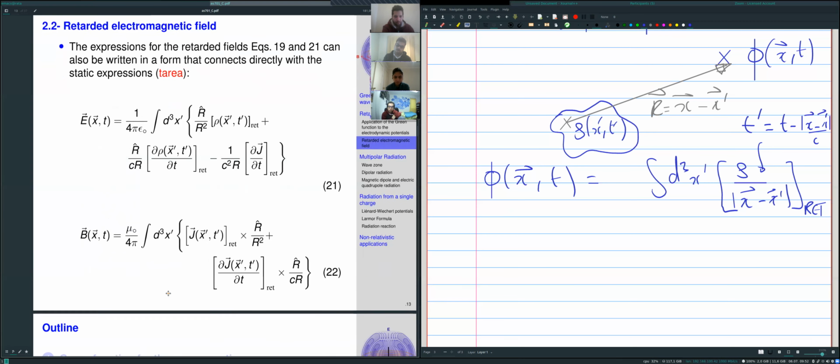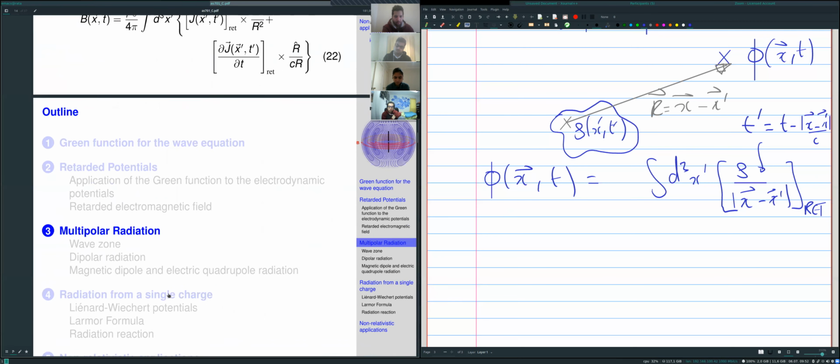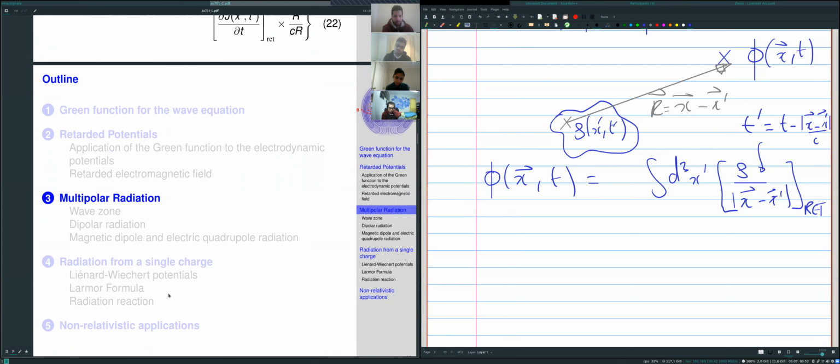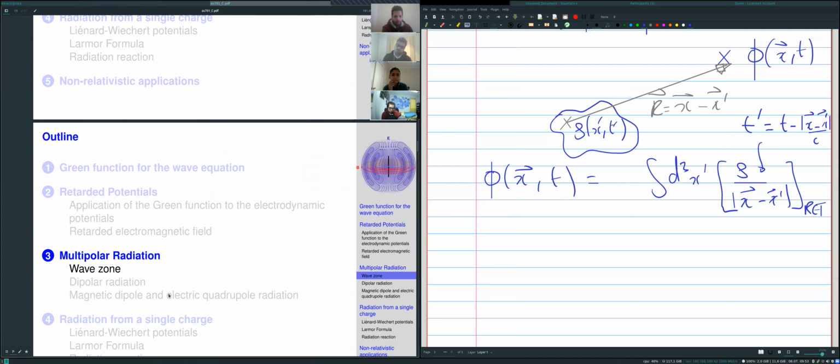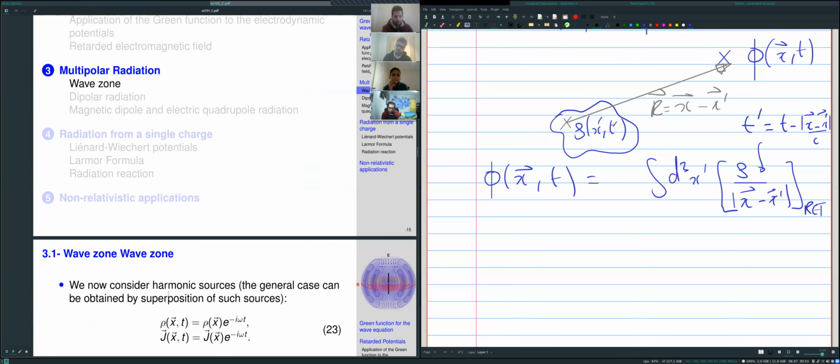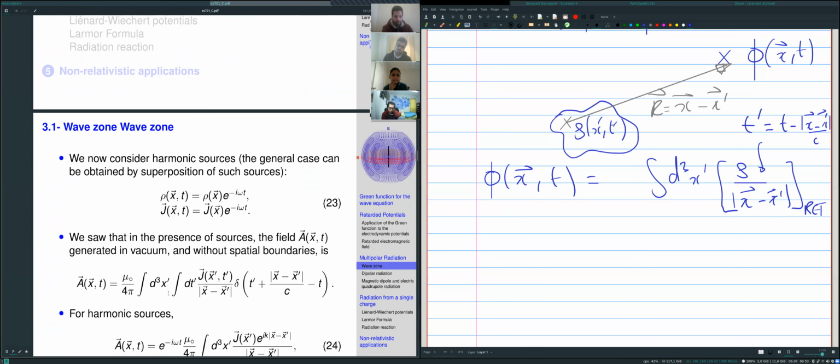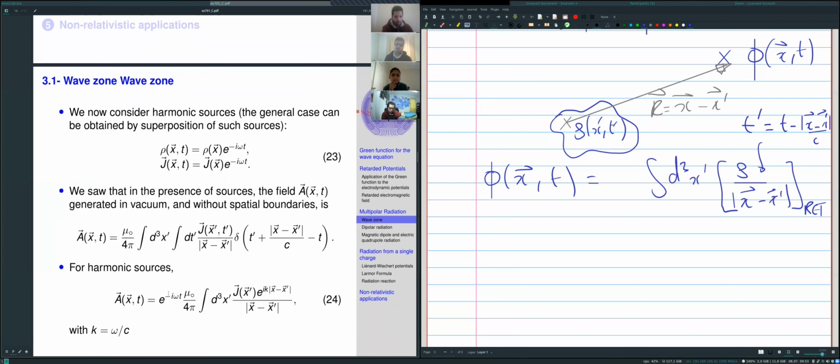Okay, but we can approximate these solutions using multipolar radiation. And to do so, we go back to this idea of monochromatic components. So we Fourier decompose the source terms, so the electric current and the charge density.